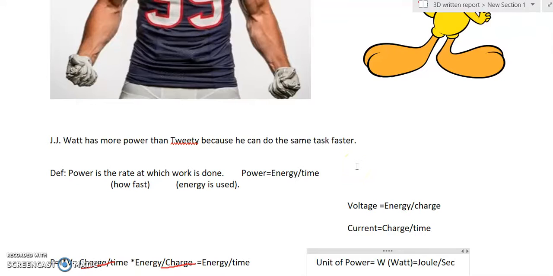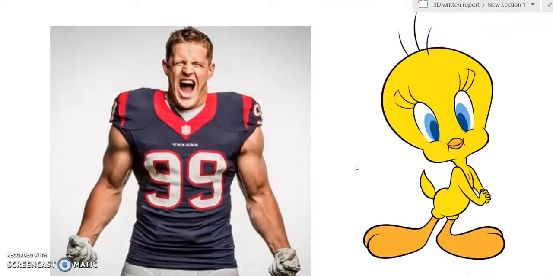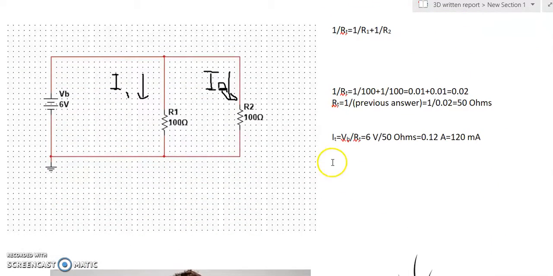All right. So now that I've got my units and I've got my formula, let's actually go ahead and use that formula in our circuit. So what is the total power of my circuit?